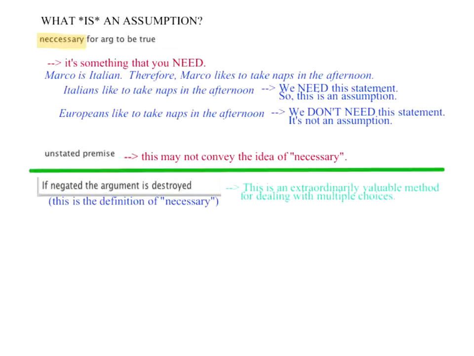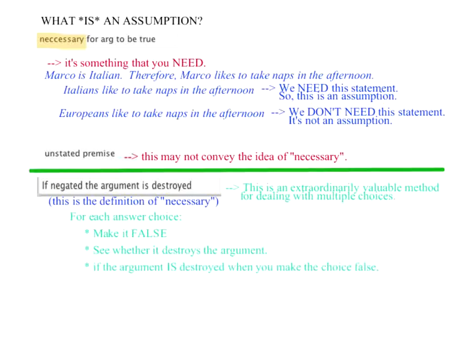So for each answer choice, you can negate it, make it false, and see whether it destroys the argument. If the argument is destroyed when you make the choice false, then you've got an assumption.